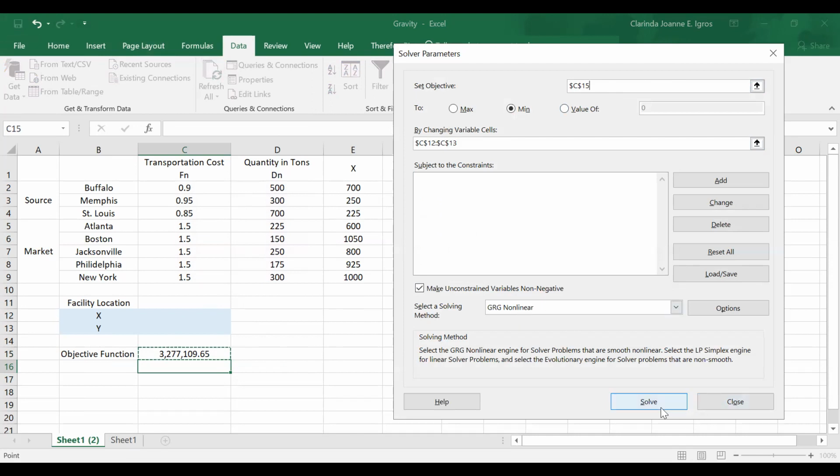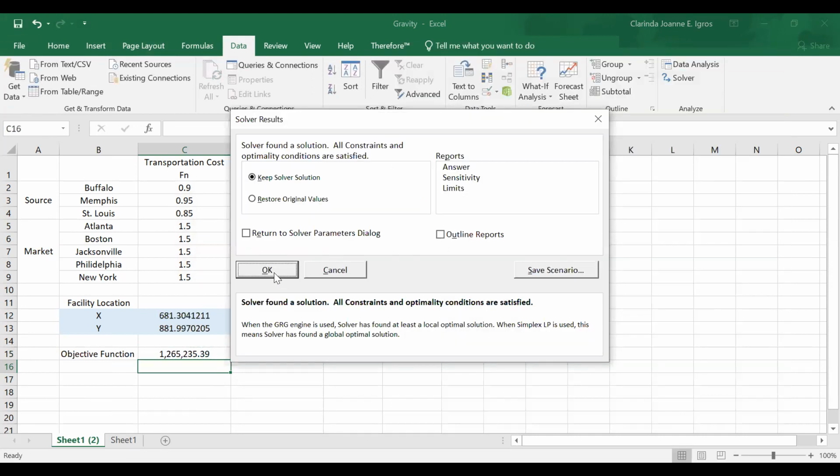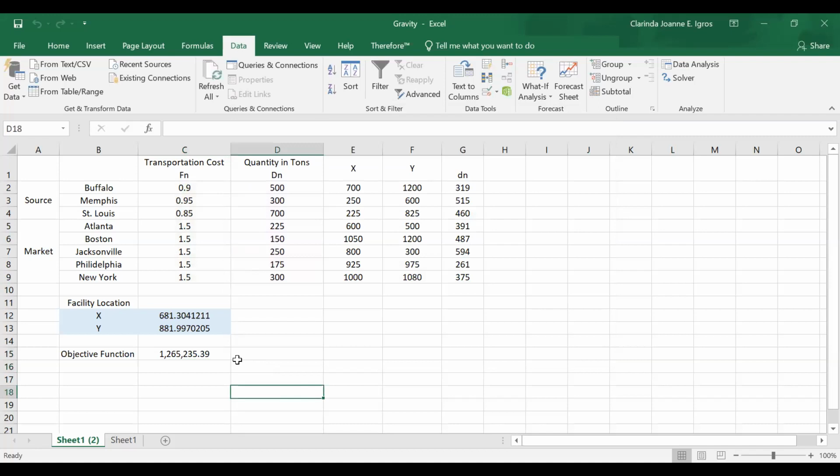So to solve, based on the Excel solver, the X and Y values define the point of the coordinates that will generate the minimal cost of 1.265. So that's how you identify which location should be used using the gravity model.